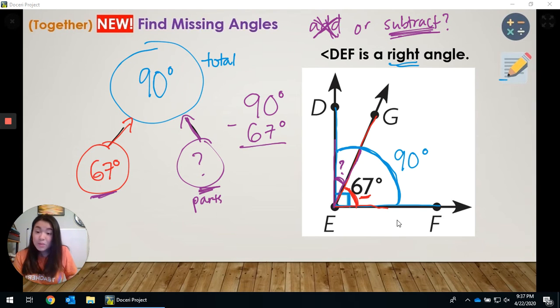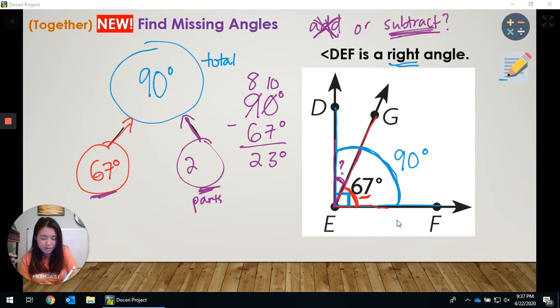We look at our ones and we know that we're not ready to subtract, so we need to regroup. 8 in the tens place now, and now we have 10 in the ones. 10 minus 7 is 3. 8 minus 6 is 2. So we got 23 degrees.